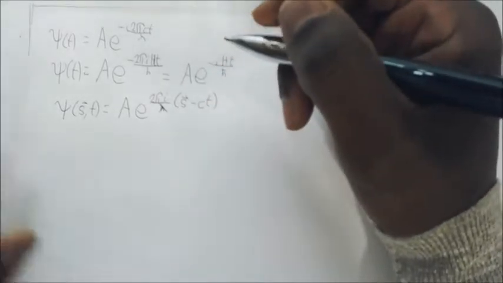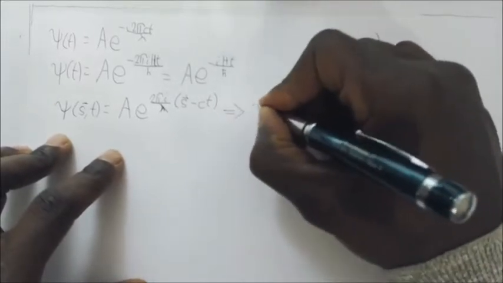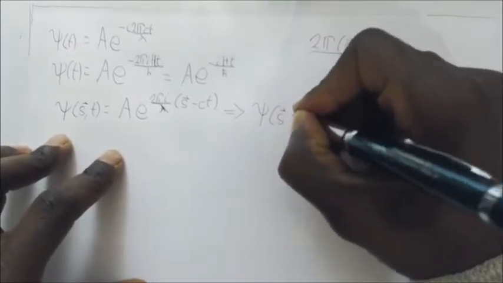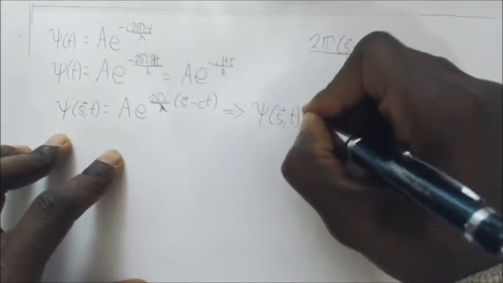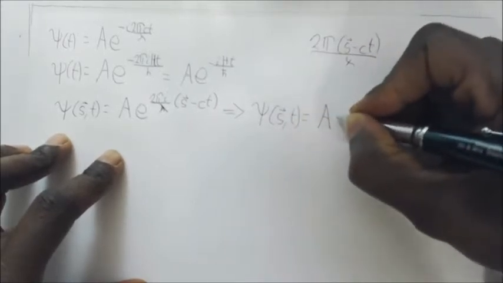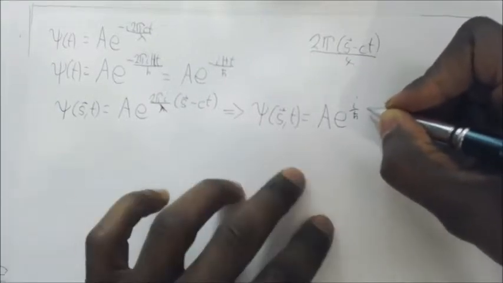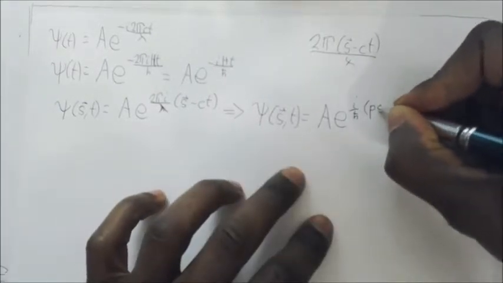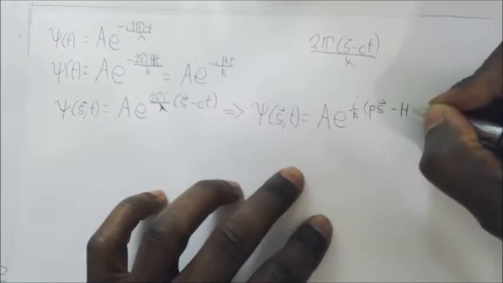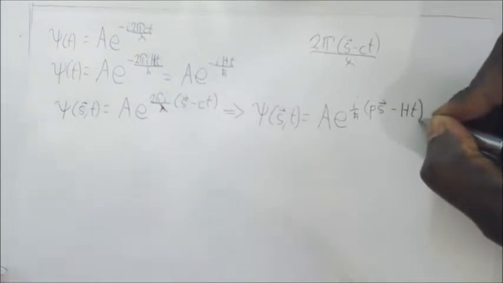And this basically translates to psi of s comma t is equal to a times e to the i over h bar times p times s minus the Hamiltonian times t.